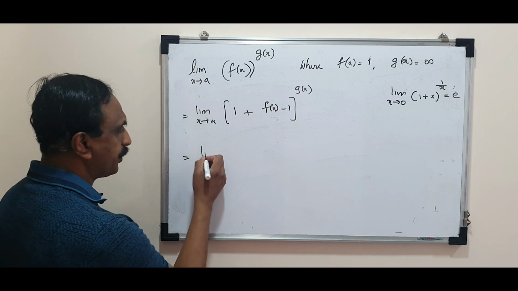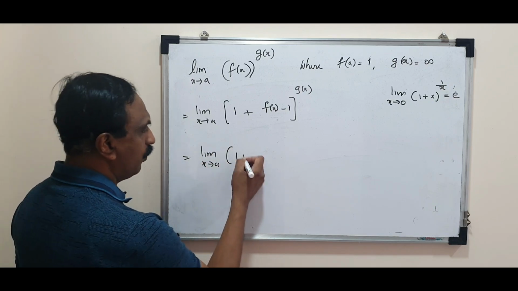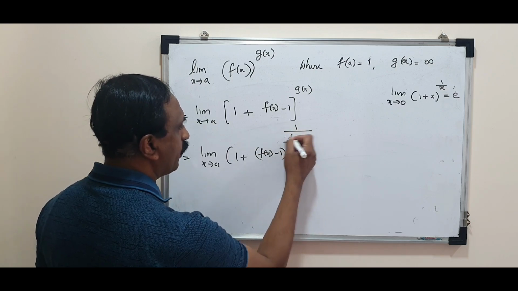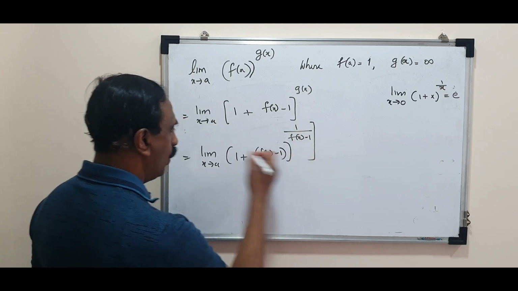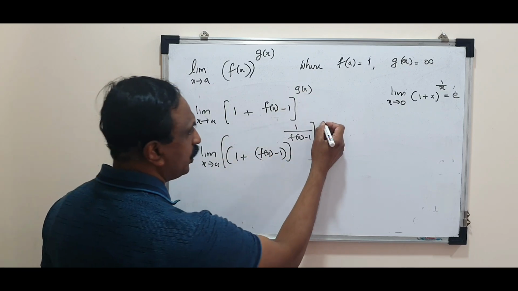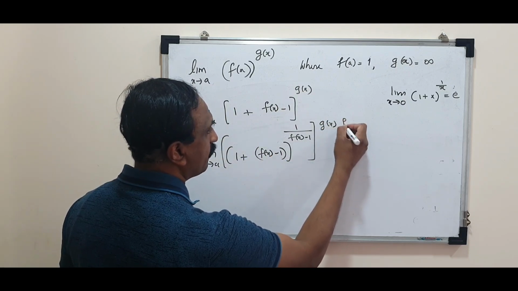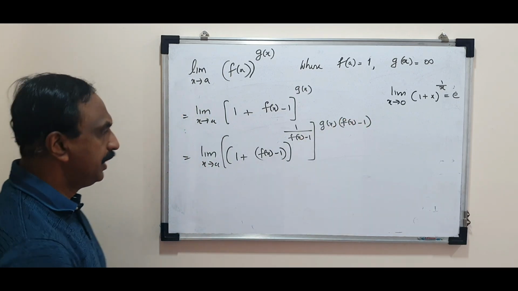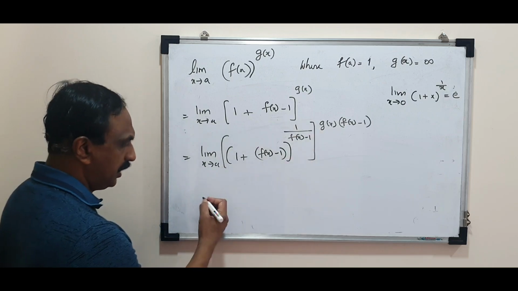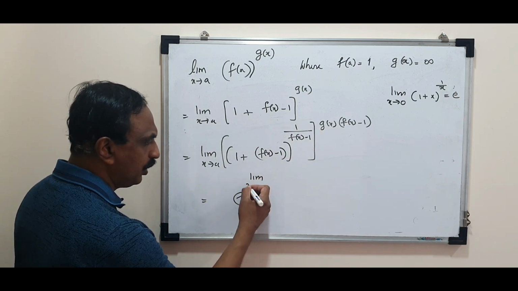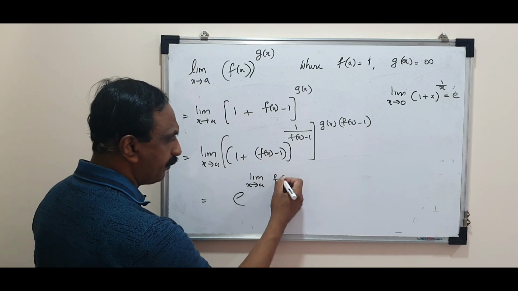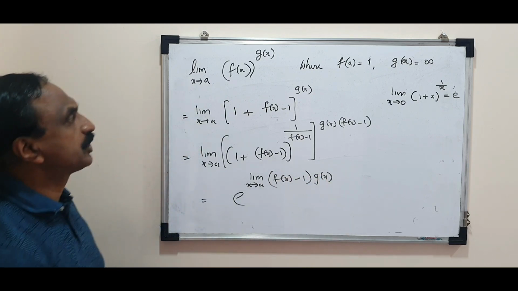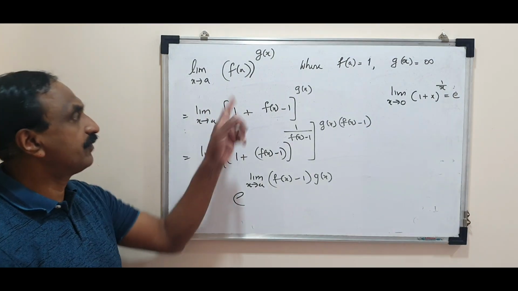So I'm going to bring a reciprocal: limit x extending to a, 1 plus f of x minus 1 raised to 1 upon f of x minus 1, the whole raised to, there is already a g of x and there is an f of x minus 1 which I have divided and multiplied. Now this turned out to be e. So your answer became e raised to limit x extending to a, f of x minus 1 into g of x.